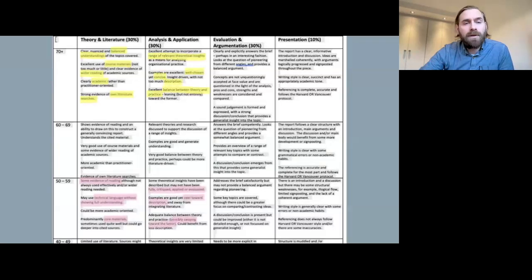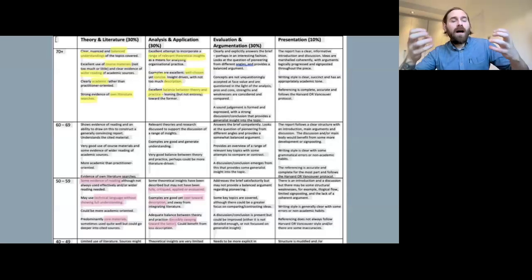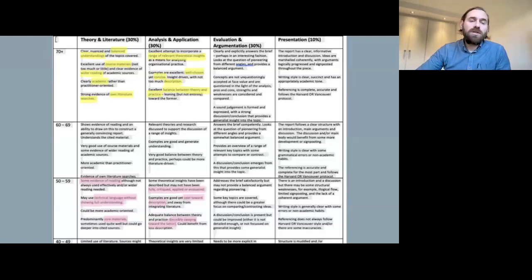It's called analysis and application because if theory and literature is about how well you understand the theory that underpins innovation management, analysis and application is, okay, how well are you applying that to a real life case?